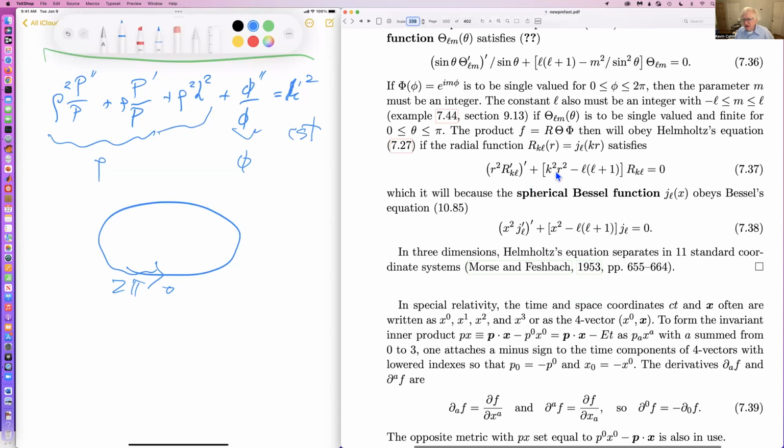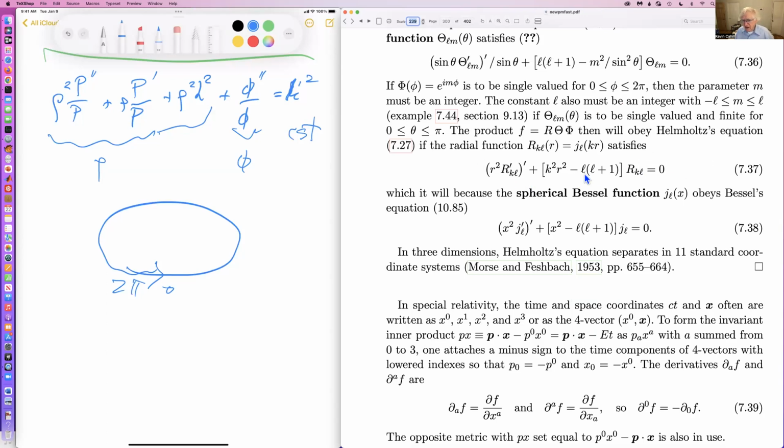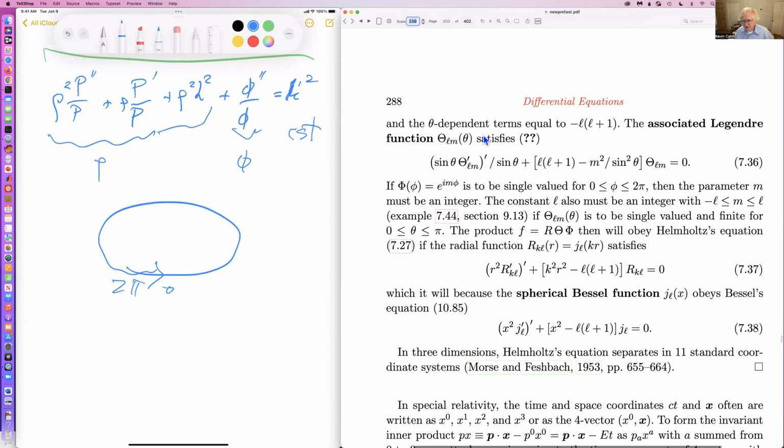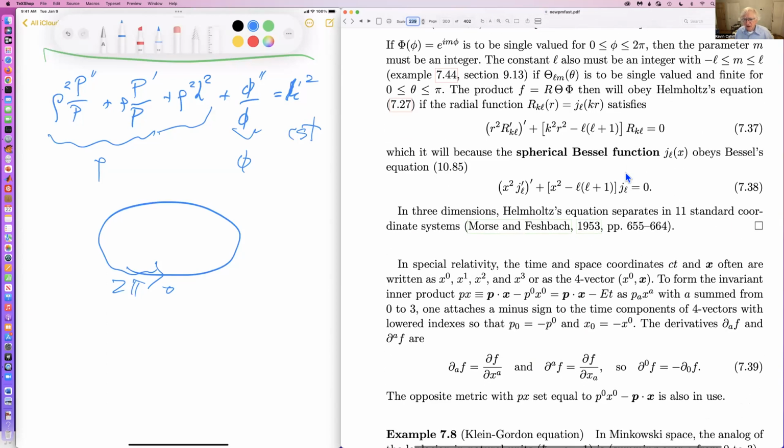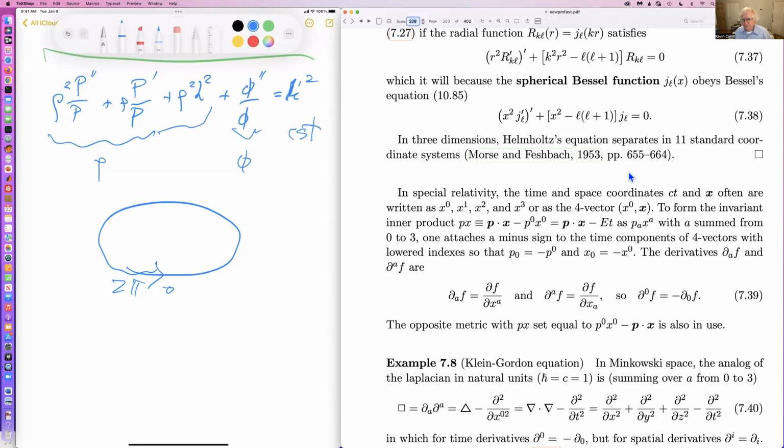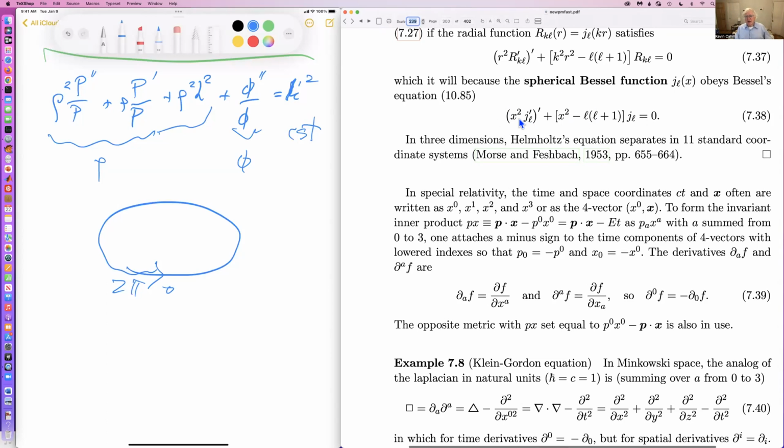The radial function then has to obey the radial equation, which has an L coming from the angular equation. And the solution then is a spherical Bessel function. And as I said, this is a much simpler function than the cylindrical Bessel function.